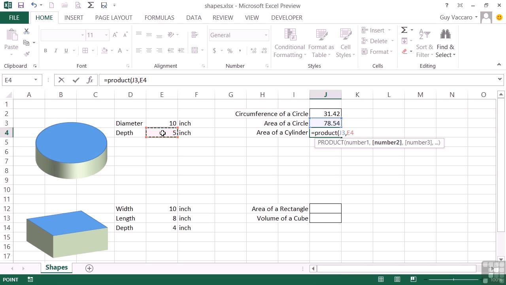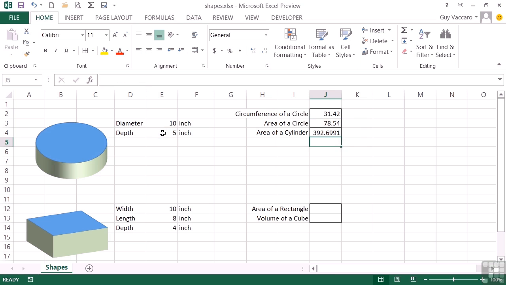So the product function just multiplies all the components that are passed into it. Close brackets, we've only multiplied the 2 values, and we get exactly the same result, because effectively we're doing exactly the same thing. And again, format 2 decimal places.